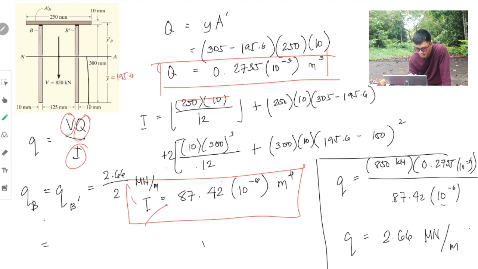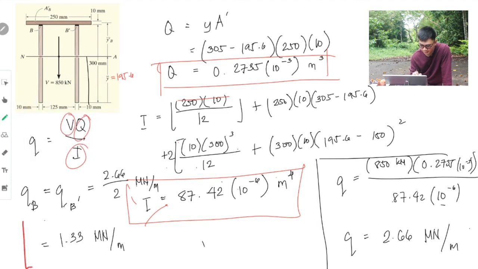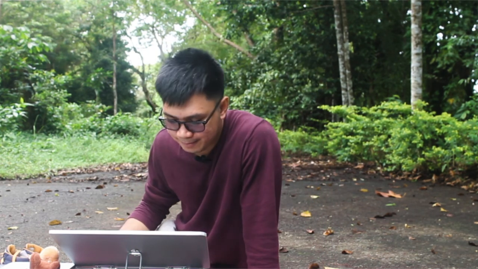That is equal to 1.33 meganewton per meter. And this is your final answer. Understood? So that is how you solve for this problem.